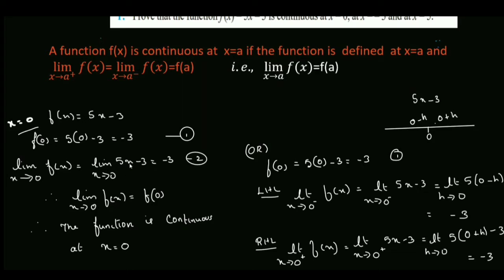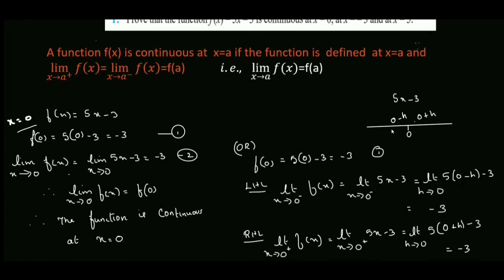So just substitute x is equal to 0 here. This is how you find the limit: 5x minus 3 is equal to minus 3. So limit value is equal to the functional value. Therefore the function is continuous at x is equal to 0.